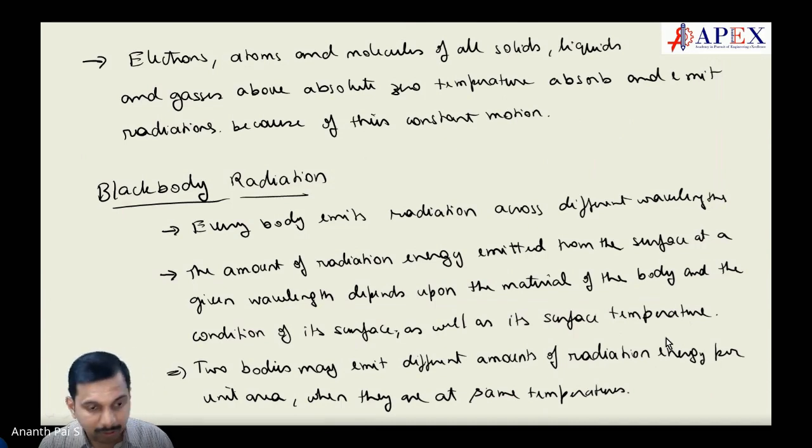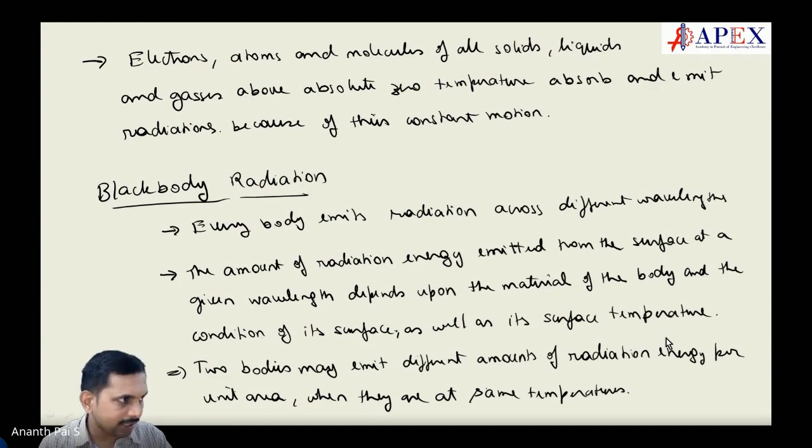And also we know that any body which has temperature more than 0 Kelvin will always emit radiation. Why? It will have electrons moving, which means it emits radiation.